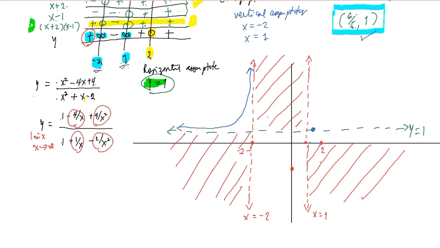So, ibig sabihin dito, hindi rin siya nag-touch, no, dito sa ating x-axis kasi as you can see, wala tayong x-intercept in between the negative 2 to the positive 1. But we just have here the y-intercept, no? So, sabihin, umangat lang siya dito ng konti, hindi siya umabot sa x-axis natin, tapos bababa na siya doon sa ating, no, papalapit ng papalapit sa vertical asymptote. The same with this, no? Papalapit ng papalapit doon sa vertical asymptote natin, pero never siyang magta-touch, no?